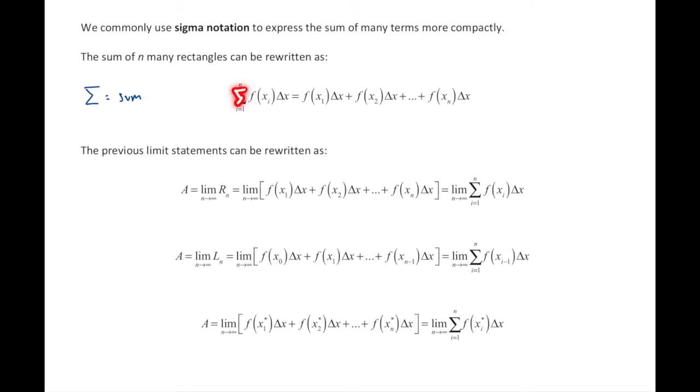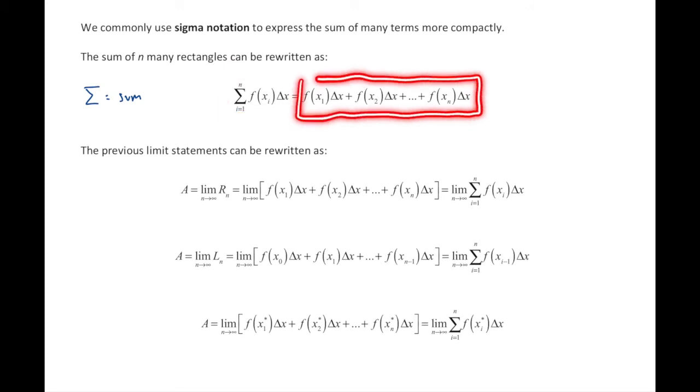I would read this as sigma, or the sum from the starting value i equals 1 to n, of the heights multiplied by the width of each rectangle. And I'm going to use this subscript x of i to mean the ith rectangle: the first rectangle, the second rectangle, the third rectangle, etc., all the way up, stopping at the nth rectangle. So this notation is the shorthand that represents this entire sum.